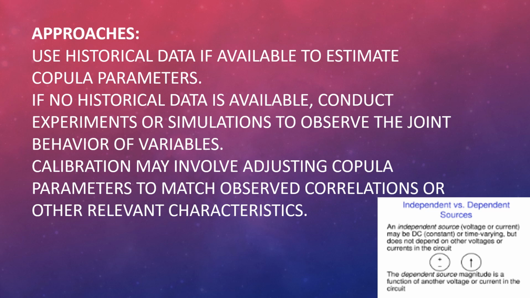If no historical data is available, conduct experiments or simulations to observe the joint behavior of variables. Calibration may involve adjusting copula parameters to match observed correlation or other relevant characteristics.